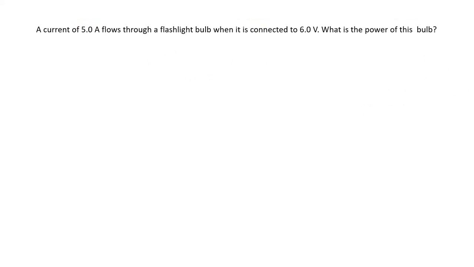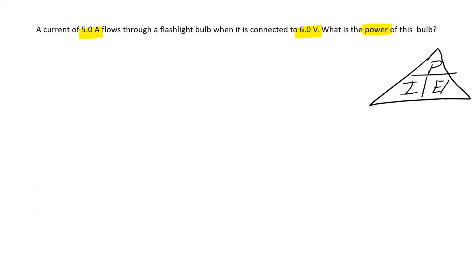All right. Now we're going to look for something a little different. I have my amps. I have my volts. I'm looking for power. So what's the formula for power? Do we remember? P over I E or V, right? So I'm looking for power. I'm going to put my finger over the P. That gives me amps times volts.